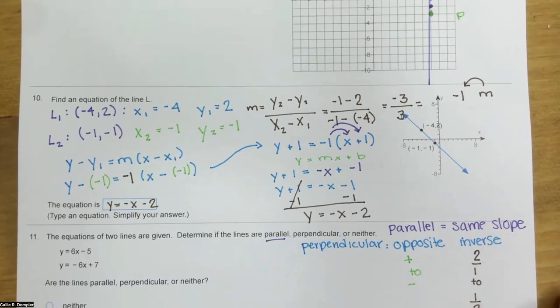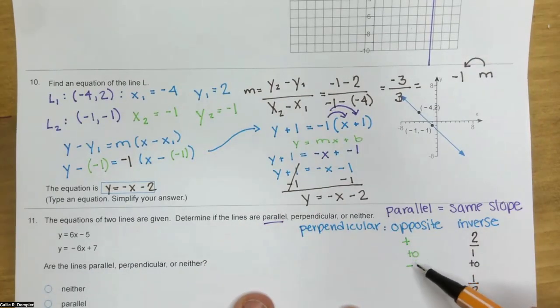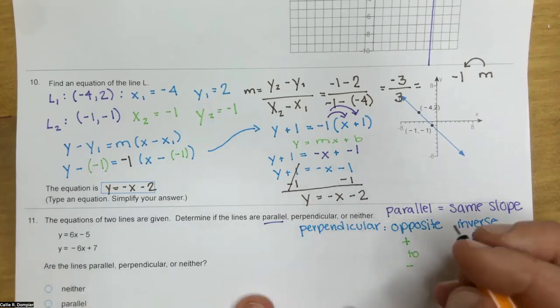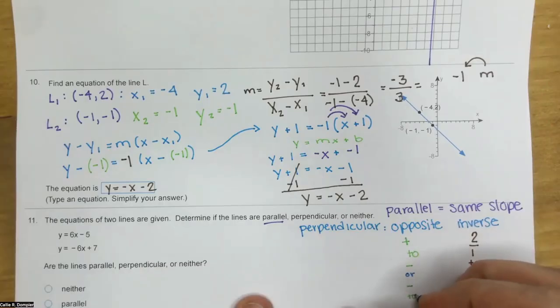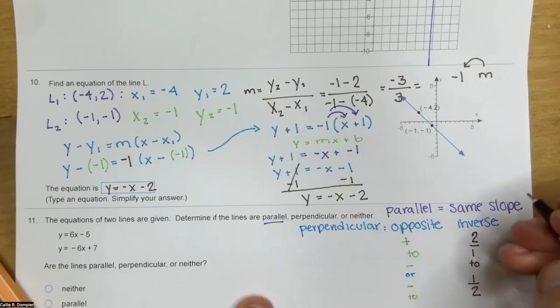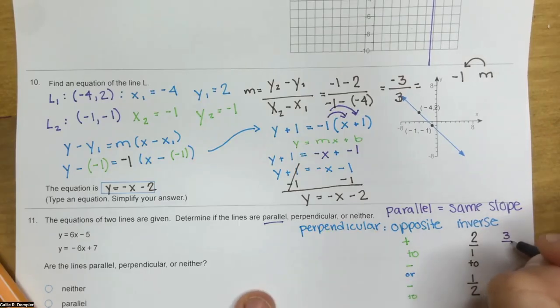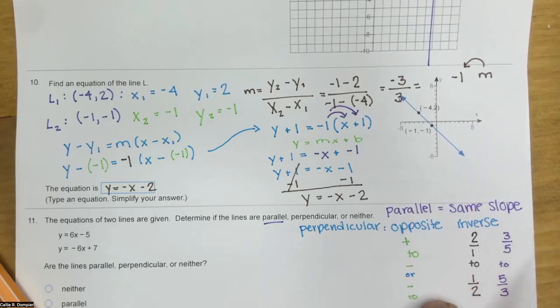It gets flipped, right? So we go from positive to negative or negative to positive, 2 over 1 to 1 over 2, or 3/5 to 5/3. Okay? So if you do both of these, that means we have to change both the sign and the order of the fraction.